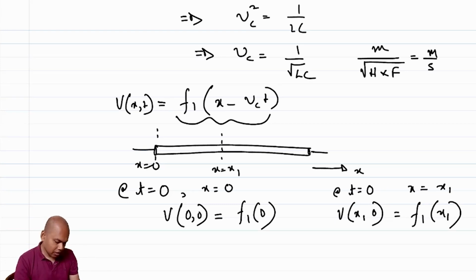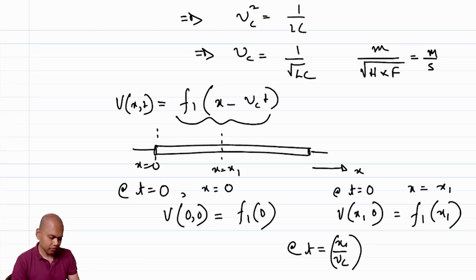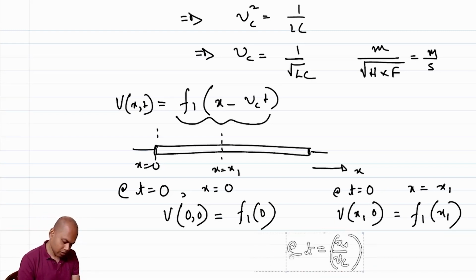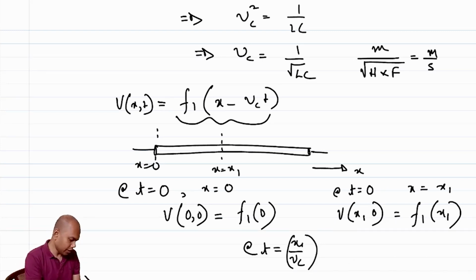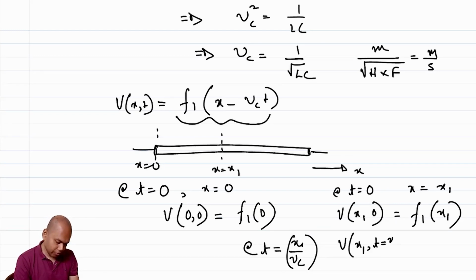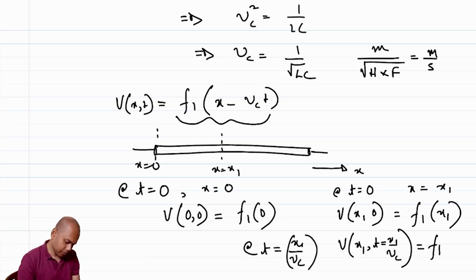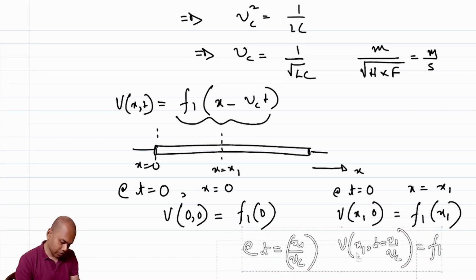Now what happens at t equal to, let's say, x1 by vc? What happens at t equal to x1 by vc? At t equal to x1 by vc, v of x1 comma t equal to x1 by vc is equal to f1 of what? So let me pull this one out because this is slightly important.